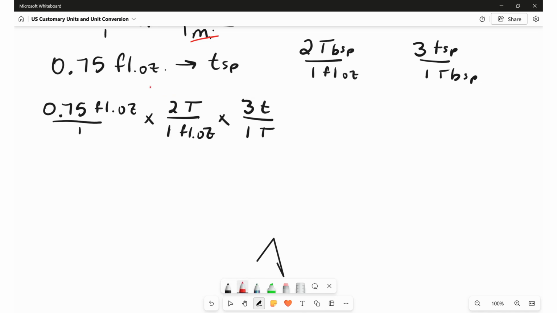The reason for that is because this fluid ounce will cancel this one, and this tablespoon will cancel this tablespoon. And then we are left with 4.5 teaspoons.